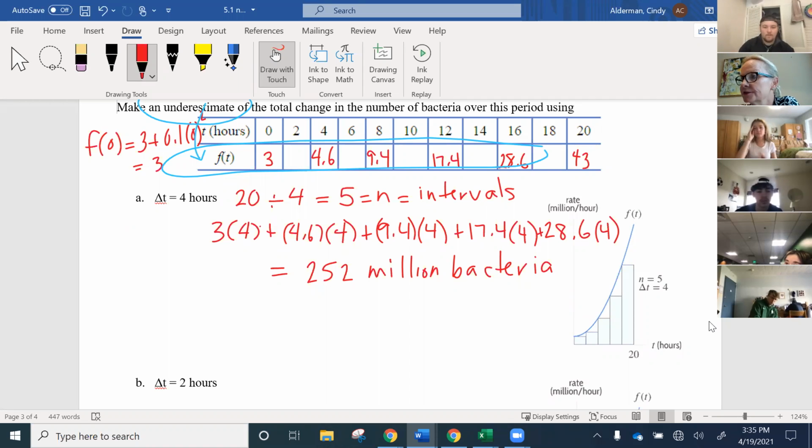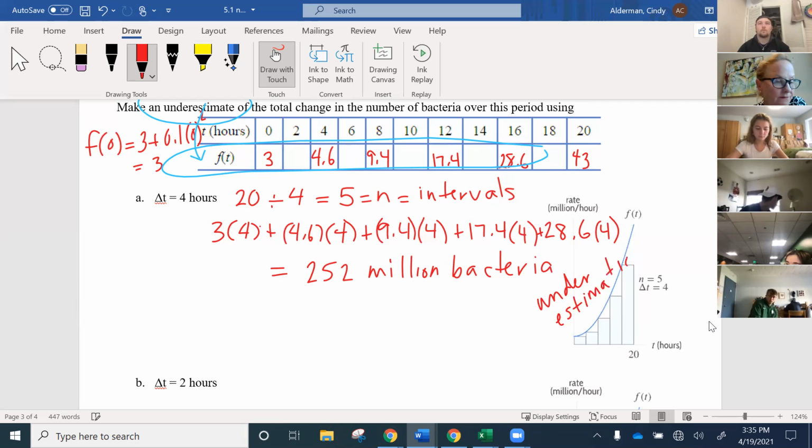Where are the rectangles with respect to the function f of t? They're below the line. Exactly, yeah. And notice that these are the rectangles that you just calculated, right? 3 times 4, 4 times 6, and so on.